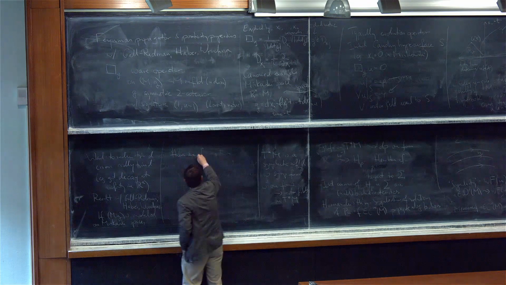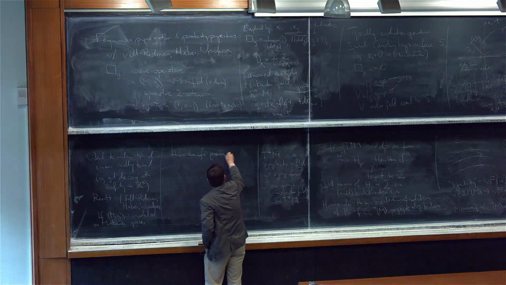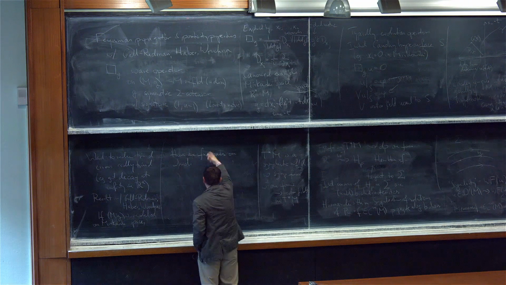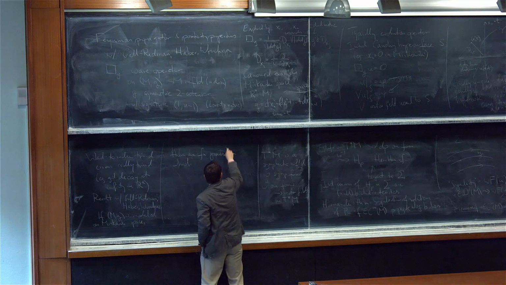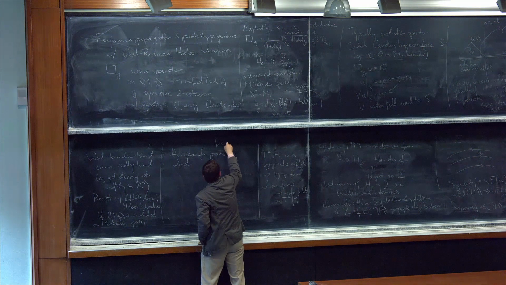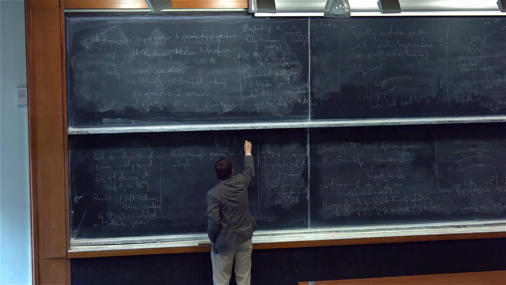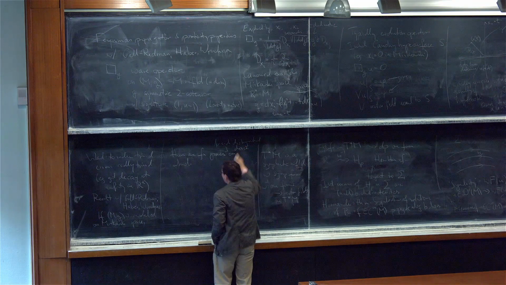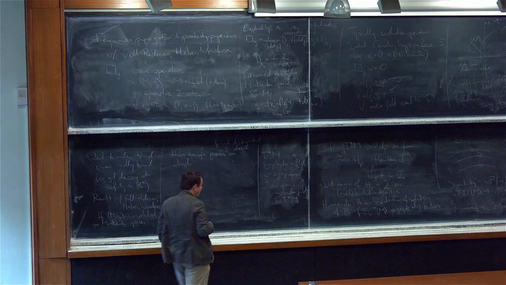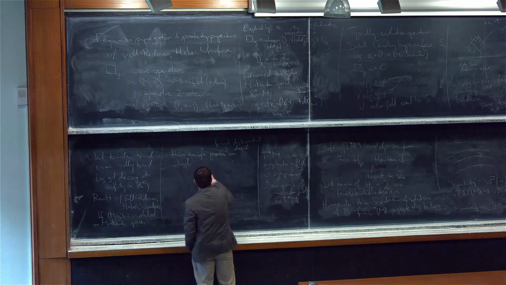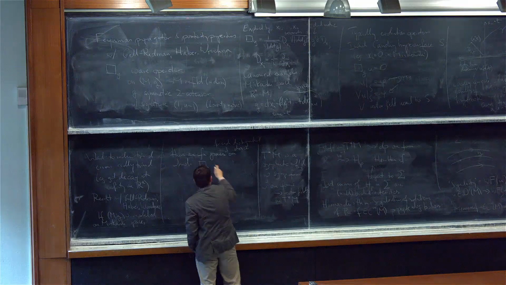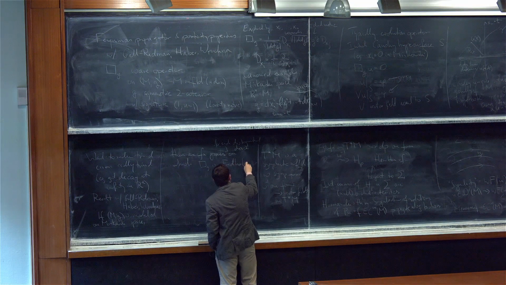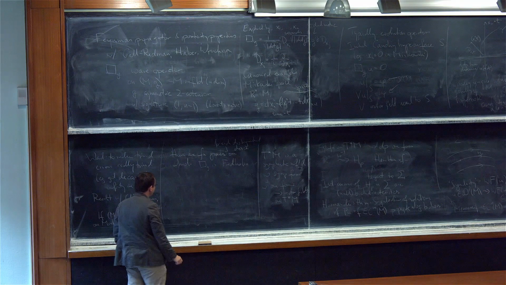there are function spaces on which, for each of these choices, there are function spaces for each distinguished choice, on which box is Fredholm, so invertible up to finite rank obstacles.